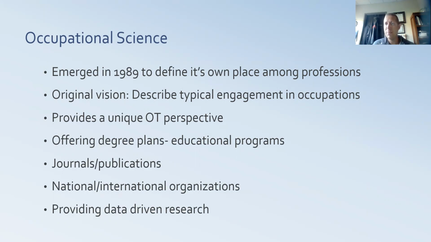How I bathe might be different than how you bathe, might be different than how Florence Clark bathes, right? Everybody does things a little bit differently. We all have our routines, we all have our habits, we all have those sorts of things that impact how we engage in occupation. It's also heavily influenced by culture. It's influenced by environment. It's very hard to pin down and to study with really strong evidence, okay?